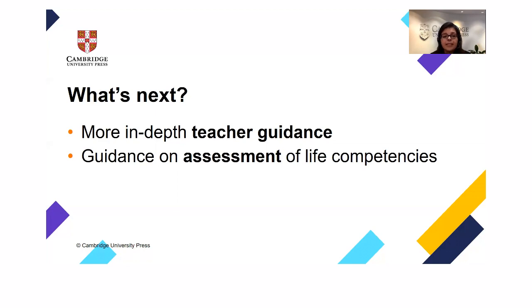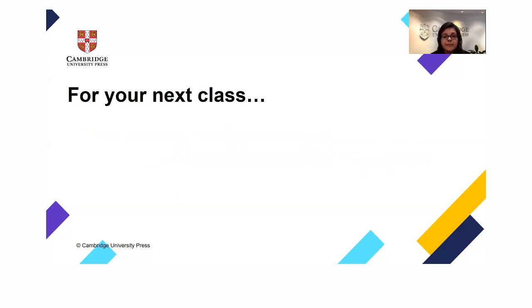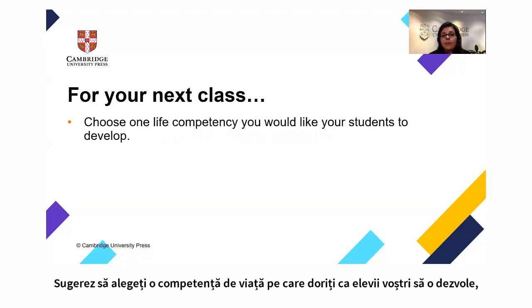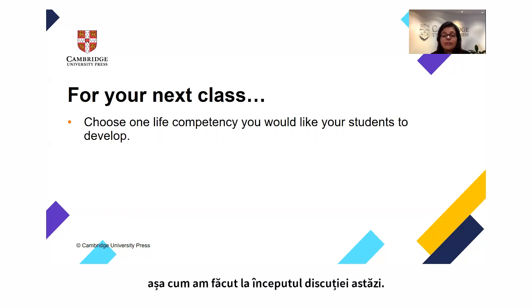All right, so the thing I'm going to leave you with is maybe an idea for your next class. So I suggest choosing one life competency that you would like your students to develop, just as we did at the beginning of the talk today.